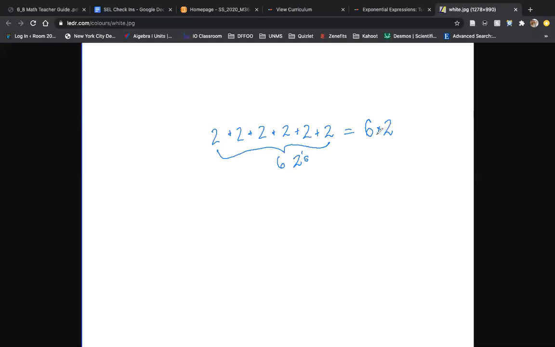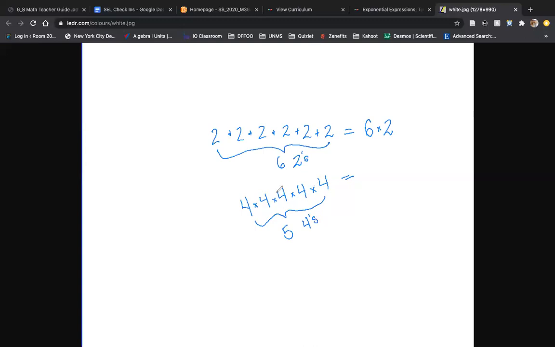So the same thing is true when we talk about exponents. If, for example, I had something like 4 times 4 times 4 times 4 times 4, right? Now instead of addition, I have multiplication. I'd say, okay, how many 4's do I have here? I have 1, 2, 3, 4, 5. So in this case, I have 5 4's.